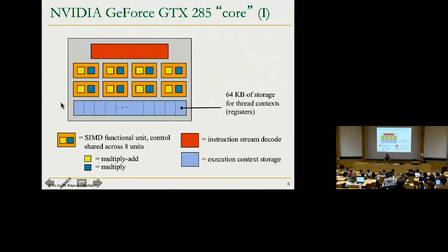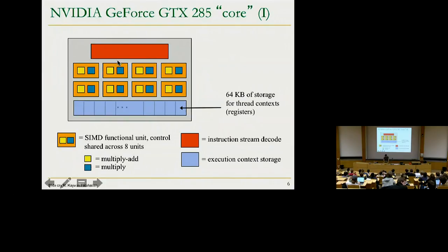If we take a look at one of these cores, this SIMD pipeline or SIMD core is called, in NVIDIA terminology, a streaming multiprocessor, or SM, which you're going to see several times through this presentation. And what do we have within each of these SMs?